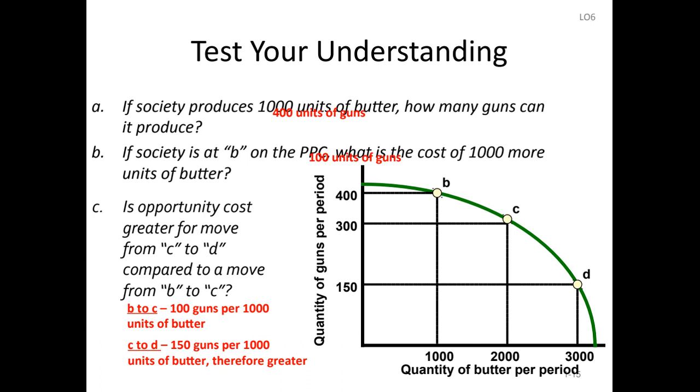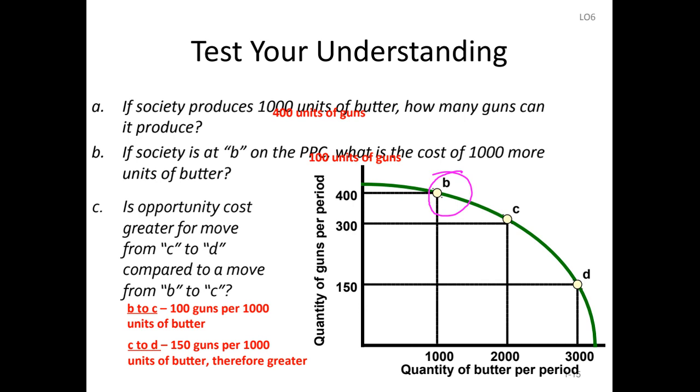What is the cost? Although it is written as cost, this cost is called opportunity cost. Why? Because remember, opportunity cost is the cost of producing one product in terms of another product, not in terms of dollars.